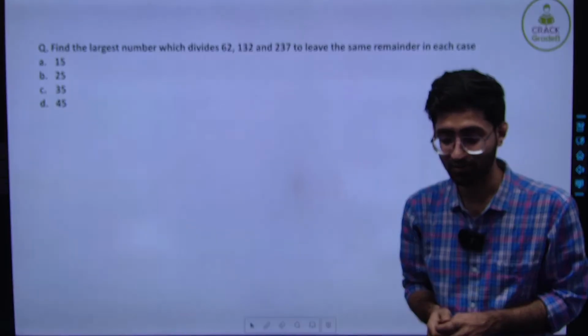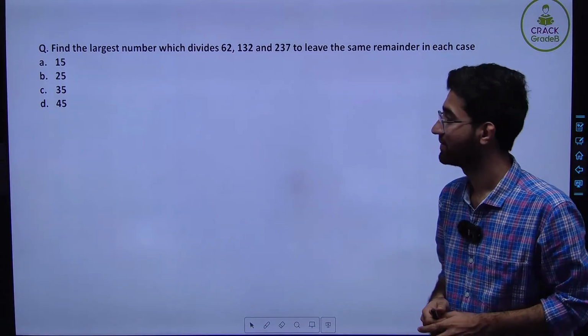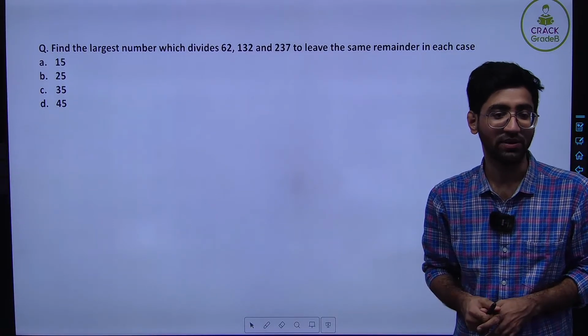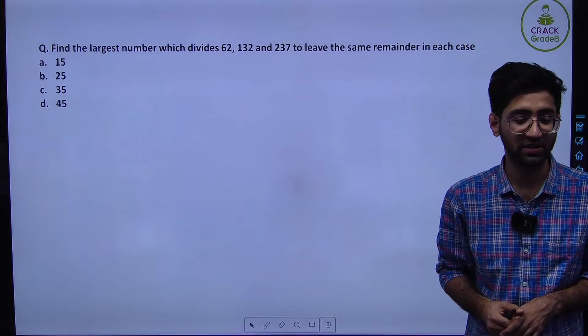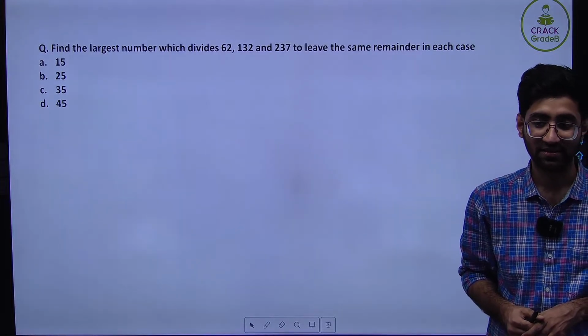Are you able to notice this? Okay, so what is the correct answer? Hopefully 35 is the correct answer, right?